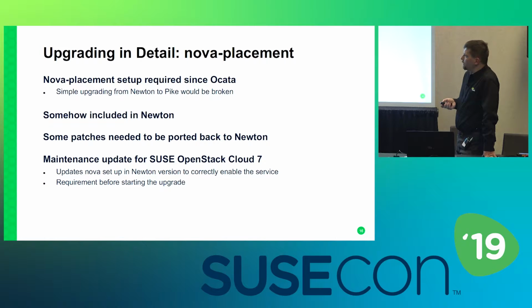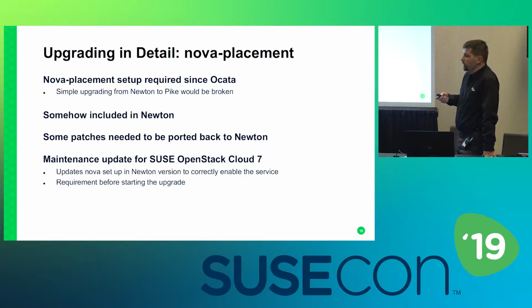So what we did, we had to backport some patches from Okata, or maybe even from Pike, back to Newton. And then we released a maintenance update for SUSE Cloud 7 that basically reconfigures your services to use placement already in Newton.